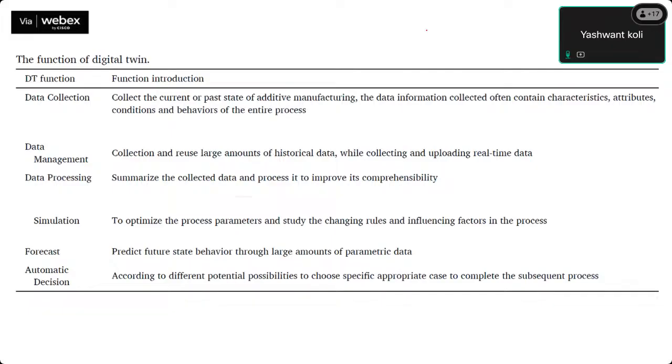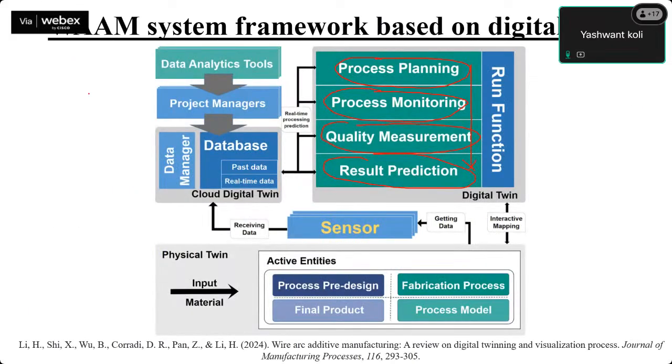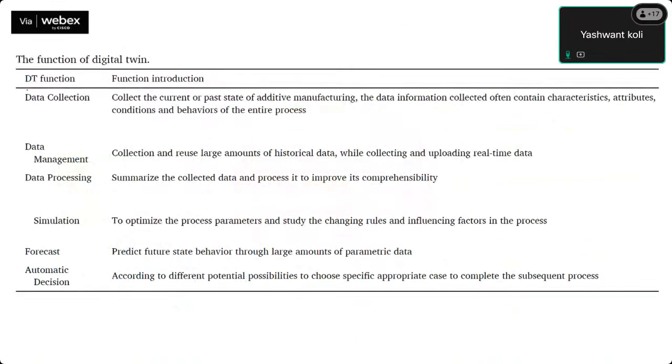So suppose these are the digital twin functions: data collection, data management, data processing, simulation, forecast, and automatic decision. For data collection, we collect real-time process data: molten pool flow, geometry, surface characteristics, and thermal mapping.